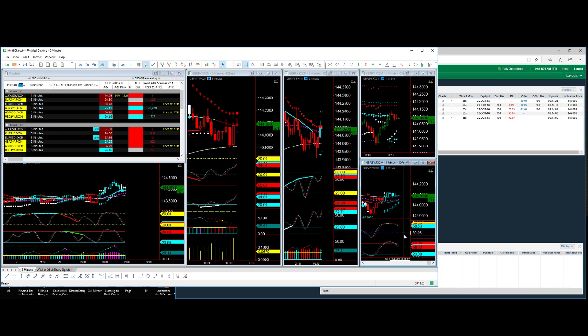See how price is not moving, stochastics is going down though? That's a good thing.